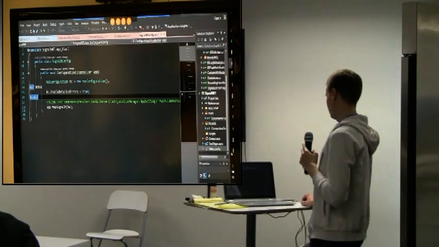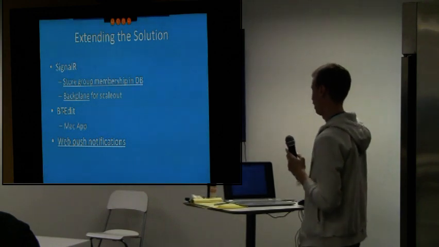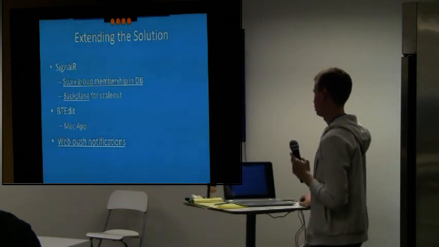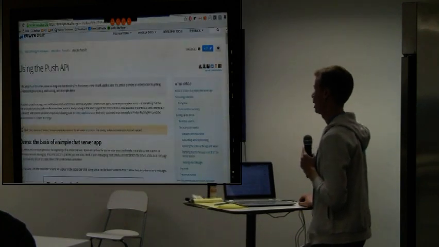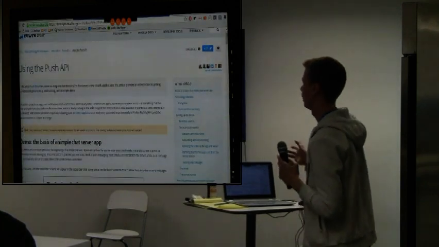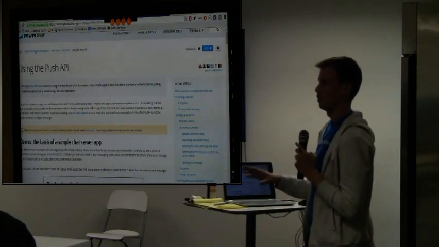Let's see. I think I'm almost done here. Obviously, the Mac app, we mentioned that. And then we have some research going on push notifications. Maybe some of you are familiar with the push API for browsers. It's a new standard that's being developed, pretty early stage.